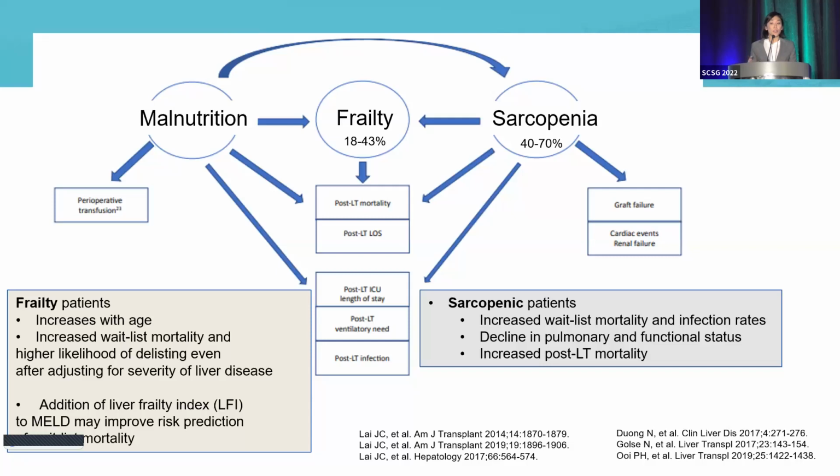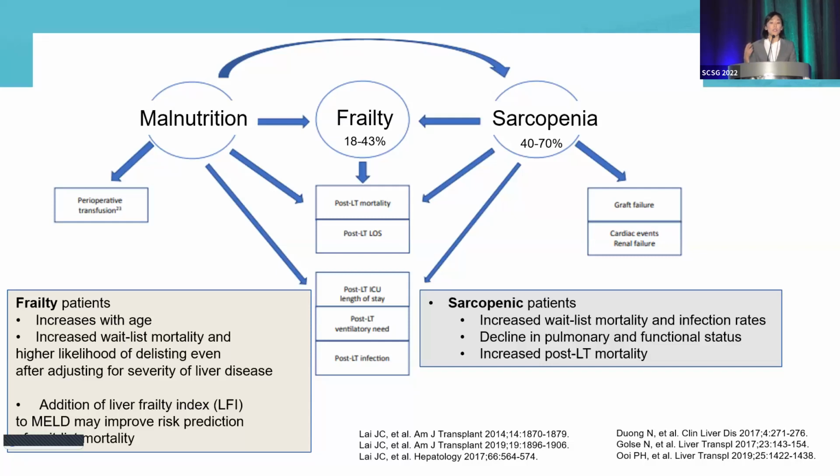Sarcopenic patients: prevalence is 40 to 70% in our cirrhotics. There have been data to show that if a patient has sarcopenia, which is formally defined on cross-sectional imaging at the L3, if you look at the psoas muscle mass, having cutoffs if less than a particular number for men and women, they're considered sarcopenic.